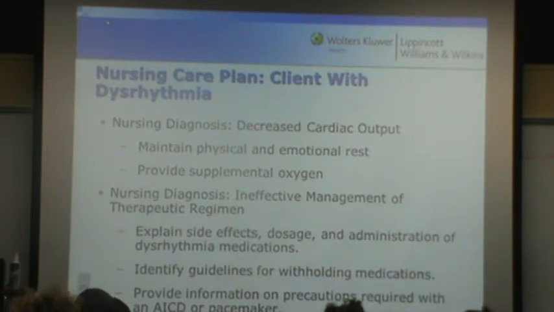Supplemental oxygen depends on if they're having any level of hypoxia. Generally, if they're having mild hypoxia, we're looking at something like a nasal cannula. If we're dealing with moderate to severe hypoxia, we may be using anything from a simple face mask to a Venturi mask to non-rebreather, depending on what we need.